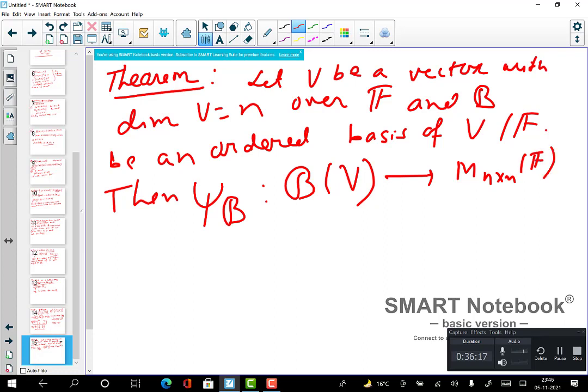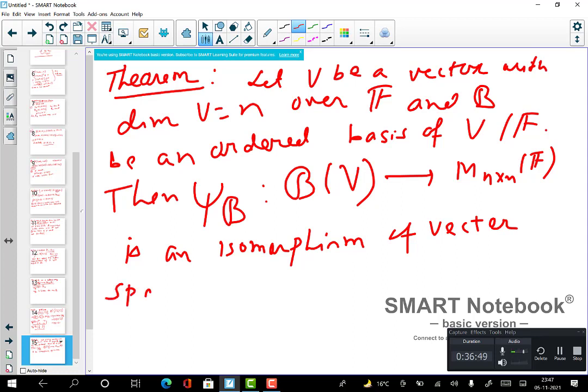So these maps, which send a bilinear form to its matrix representation, this map is actually an isomorphism of vector spaces.